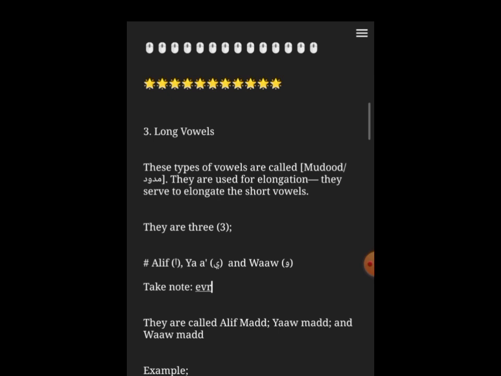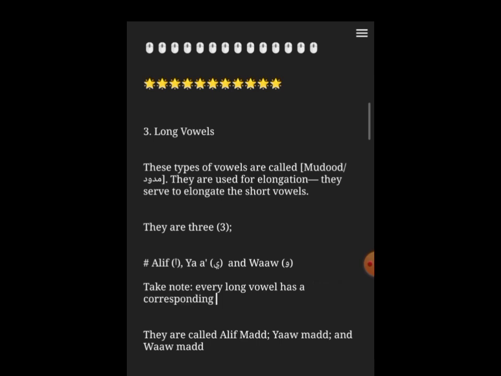Every long vowel has a corresponding short vowel. Every long vowel has a corresponding what? Short vowel.